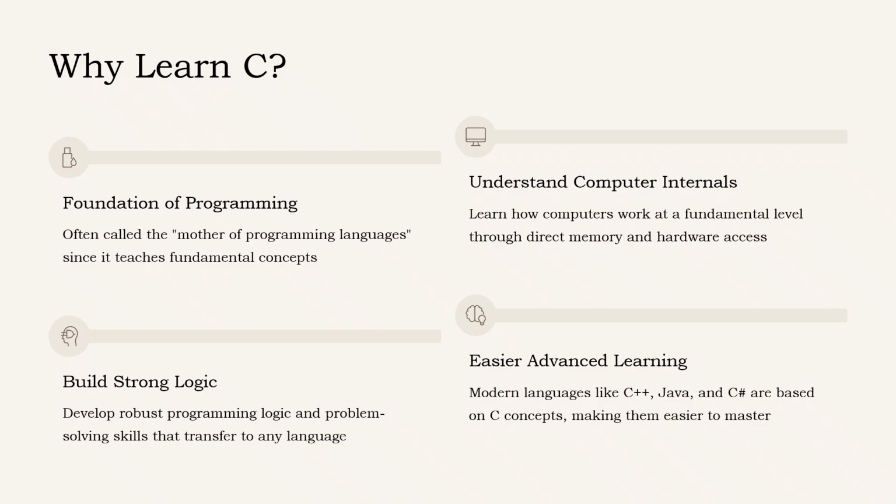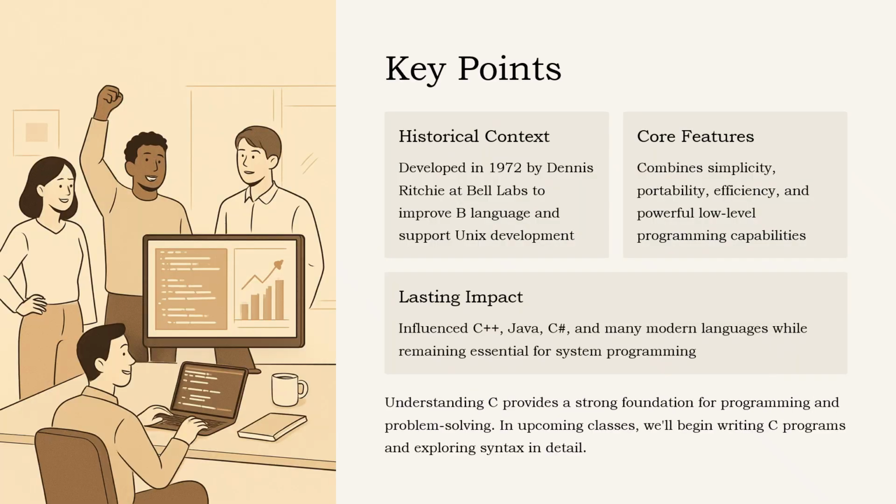So to summarize this, we have studied the history and the features of the C programming language. Regarding history, C was developed in the year 1972 by Dennis Ritchie at Bell Labs to improve the B language and support Unix development.